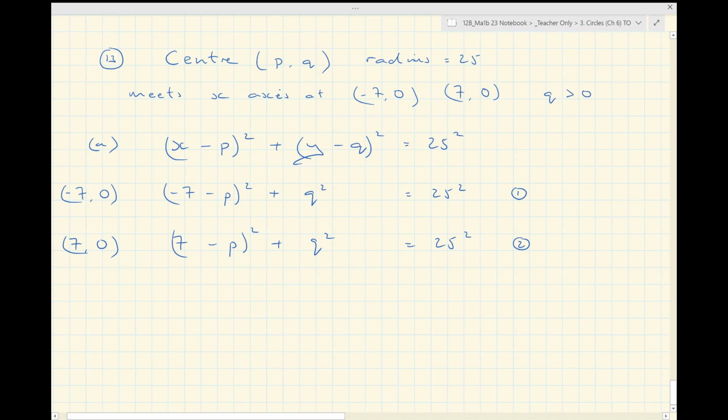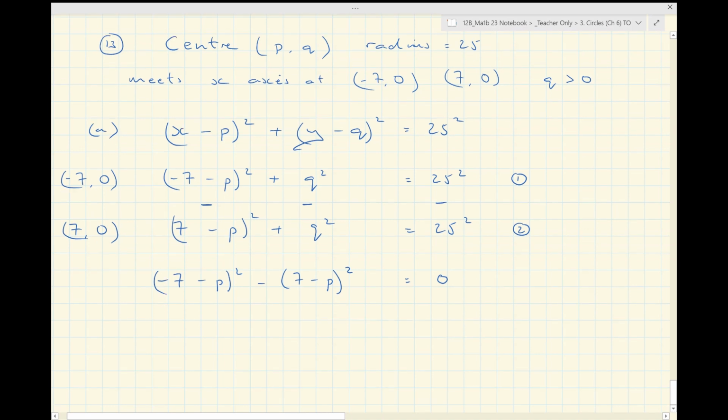I'm going to subtract those equations now, because that will eliminate my q squareds. So I'm going to end up with minus 7 minus p squared minus 7 minus p squared, the q squareds go, equals 25 squared minus 25 squared, which is 0. Good.